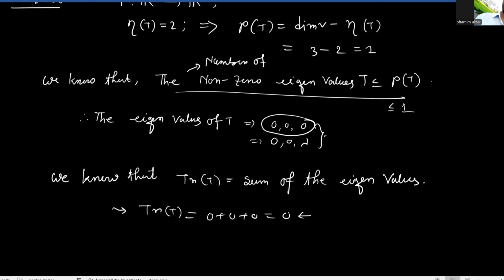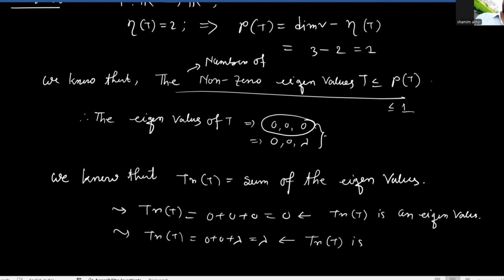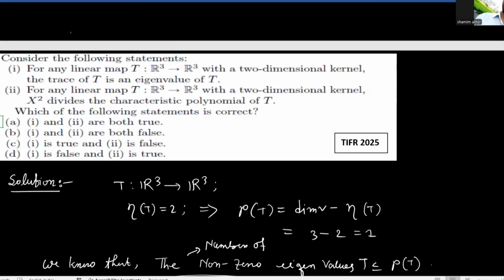So in the first case, the trace of T is an eigenvalue. Now in the second eigenvalue set, the trace of T is equal to 0 plus 0 plus lambda, that is lambda, so in this case the trace of T is also an eigenvalue. Okay, so our first statement is true.